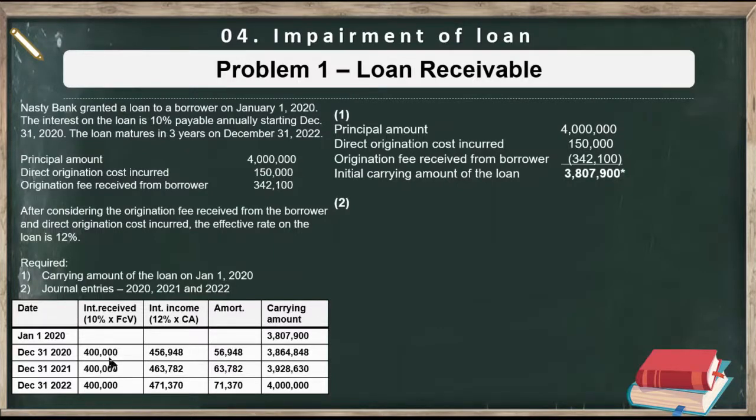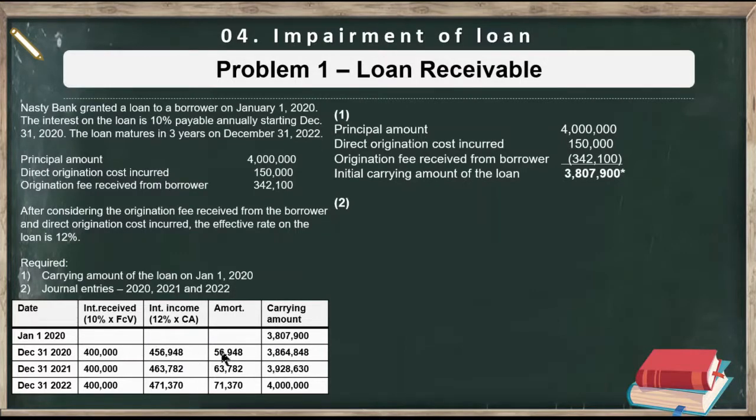The interest income is based on the previous carrying amount multiplied by the effective interest rate. That's the rule: effective rate times the previous carrying amount. So 3,807,900, which is the initial carrying amount, times 12% is 456,948.